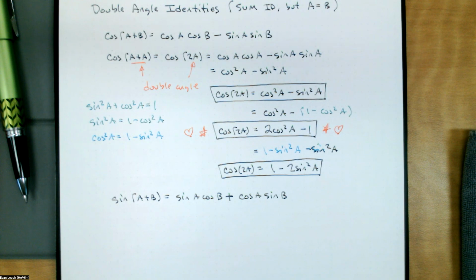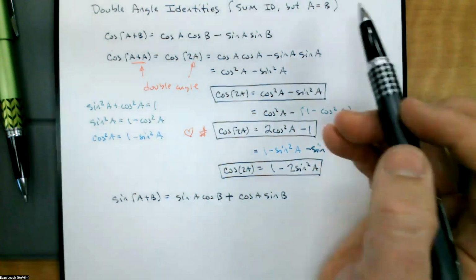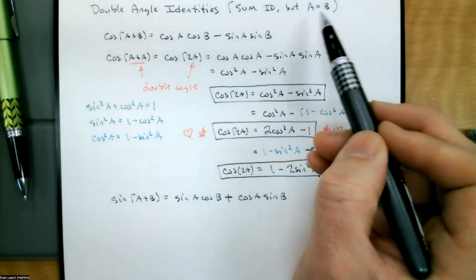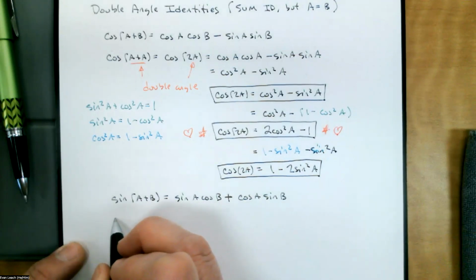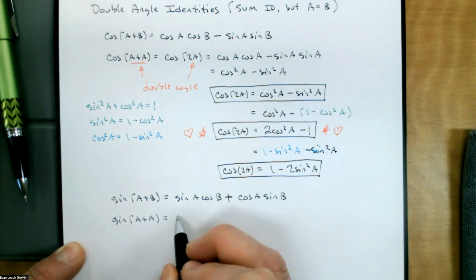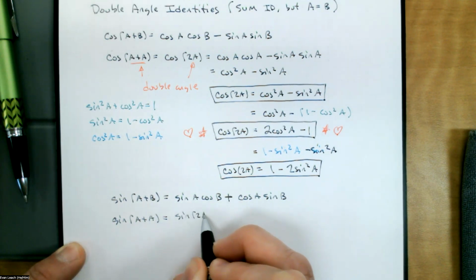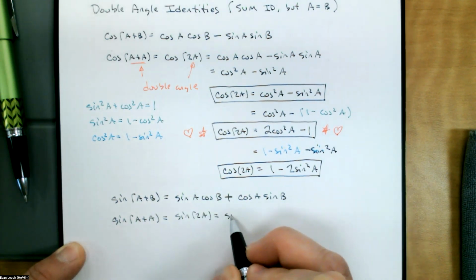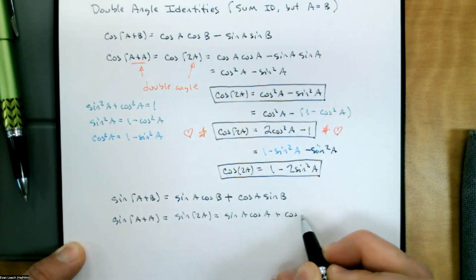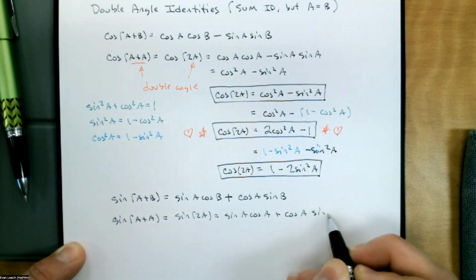You might be reading along in the book, but we're going to do the same thing. We're doing a double angle identity, so I'm going to replace the B with an A. So I'm going to write sine of A plus A. That's going to be the sine of 2A. So it's going to be sine A cosine A plus cosine A sine A.